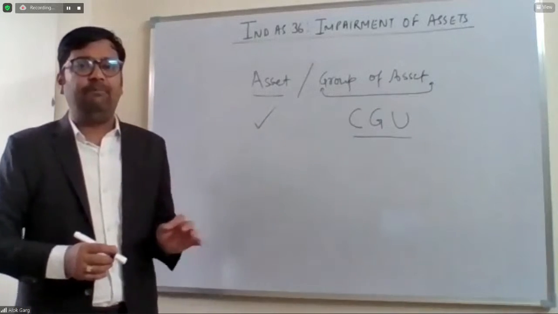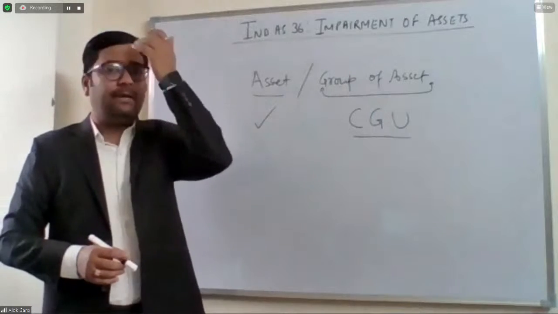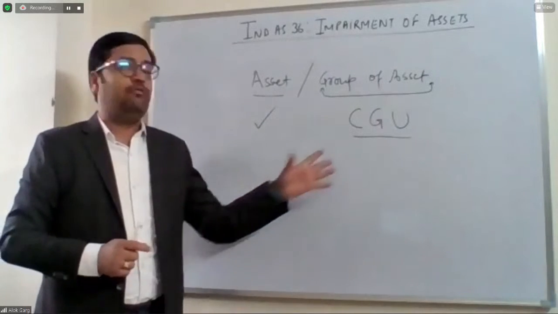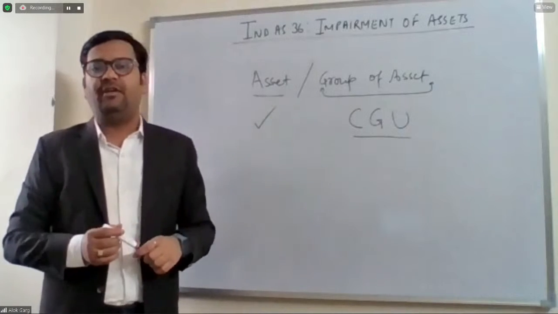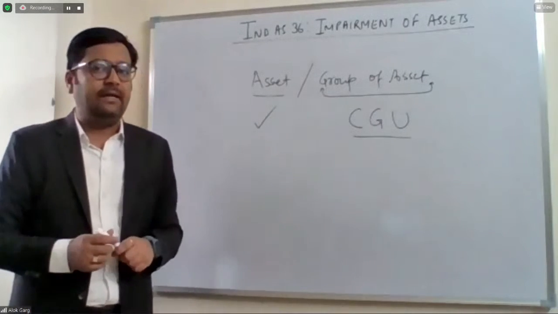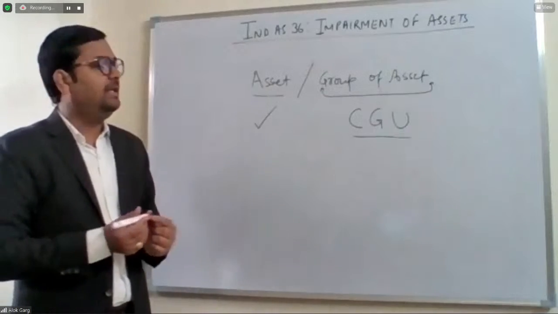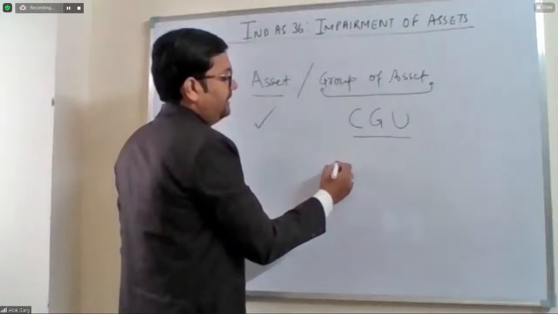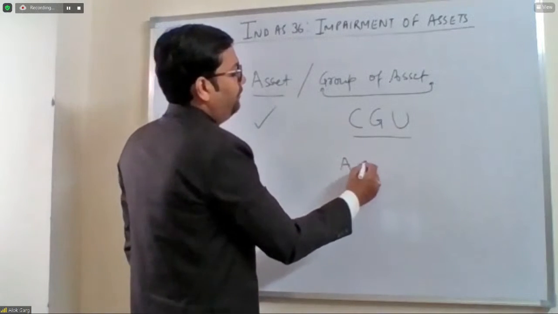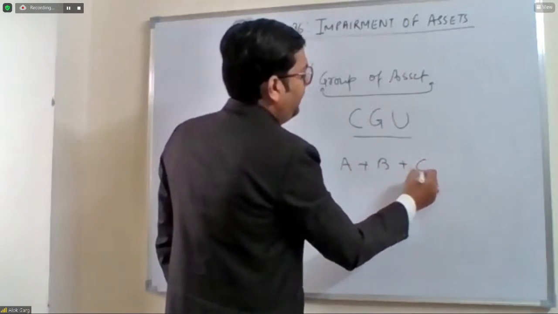Now, can anyone help me in understanding what is meant by cash generating unit? Which group of assets will be known as a cash generating unit? Can I say there are three assets, Asset A, B, and C?